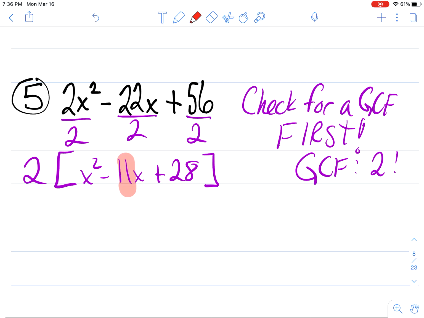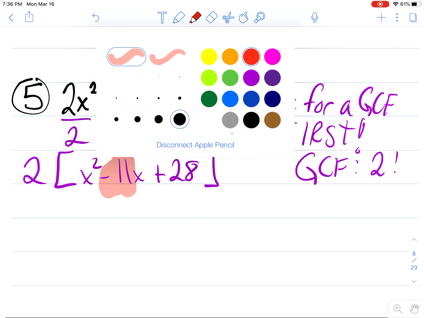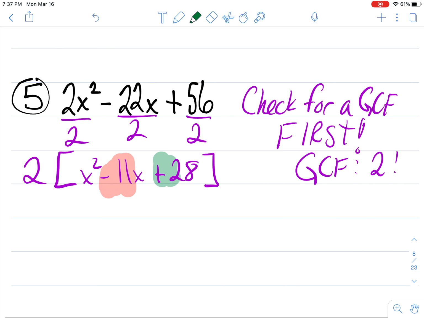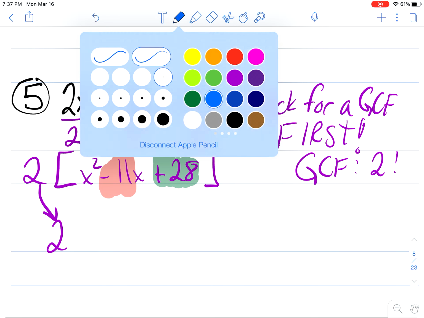So what you need to do now is factor this expression inside the brackets. Okay? And when you get that done, you can then leave your 2 on the outside as you factor, because that's a factor in your final answer. Remember, your final answer has to multiply back to the original expression, so don't lose that 2.